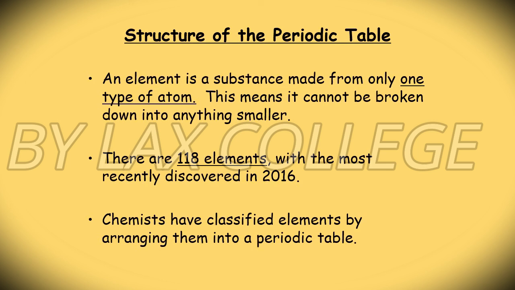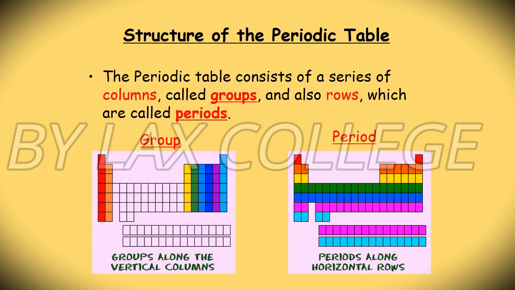Chemists classify the elements, so that's group the elements, and arrange them in something called the periodic table. Now, the periodic table looks like an interesting shape, but it's divided into things we call columns, which are the ribbons going downwards.